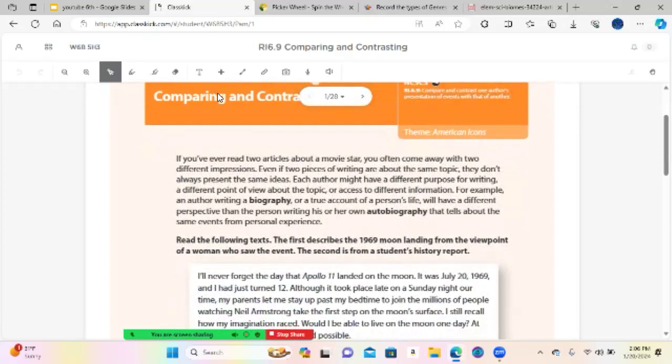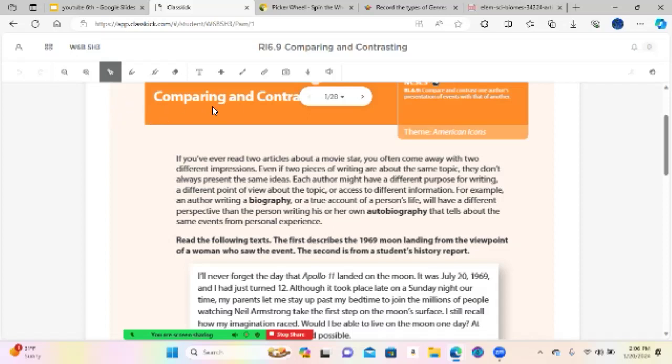Each author might have a different purpose for writing, a different point of view about the topic, or access to different information. For example, an author writing a biography or a true account of a person's life will have a different perspective than the person writing his or her own autobiography that tells about the same events from personal experience.